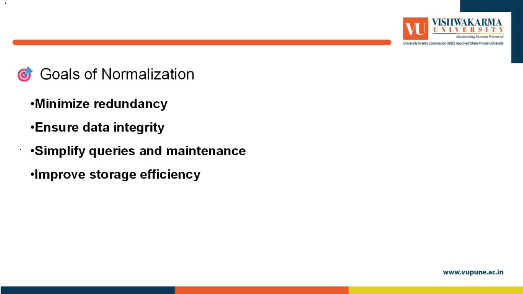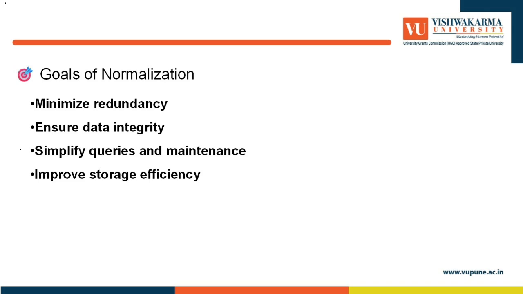First, eliminate data redundancy. First and foremost, normalization helps us avoid repeating the same data over and over again. For example, if a customer address is stored multiple times and they move, we have to update it everywhere.